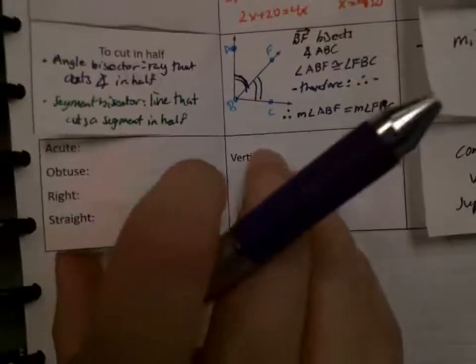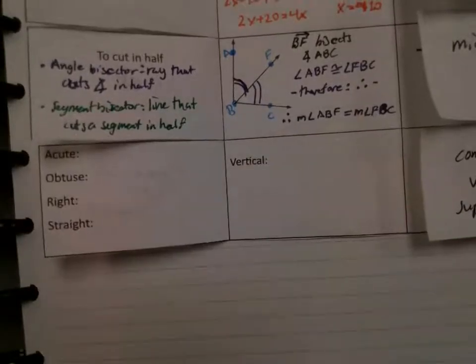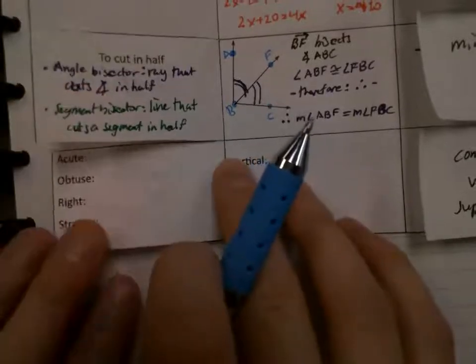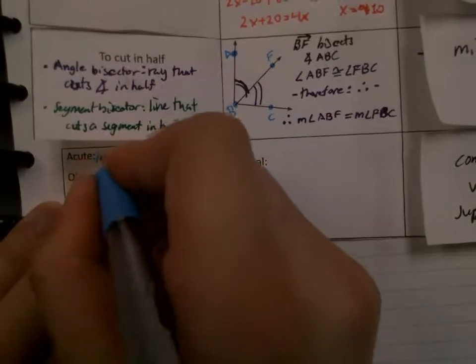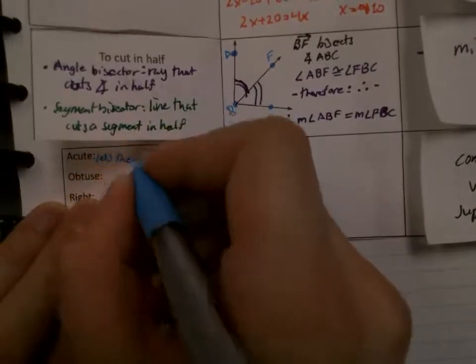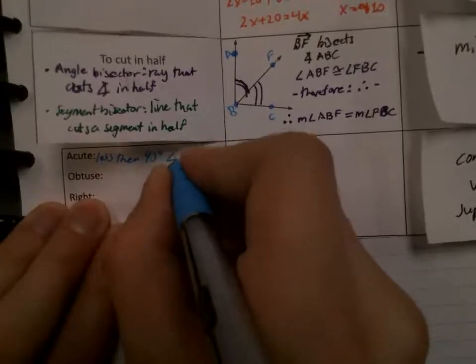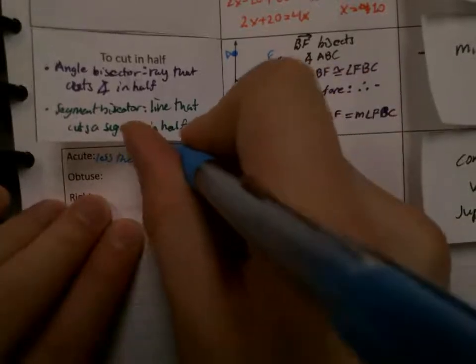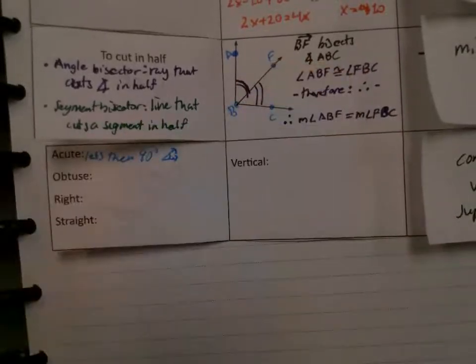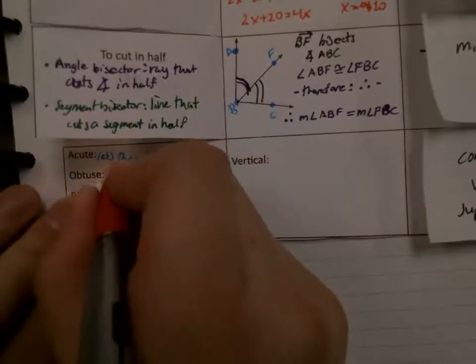So now we're going to talk about the types of angles. There are four types of angles. We have acute, which is less than 90 degrees. Obtuse, which is greater than 90 degrees.